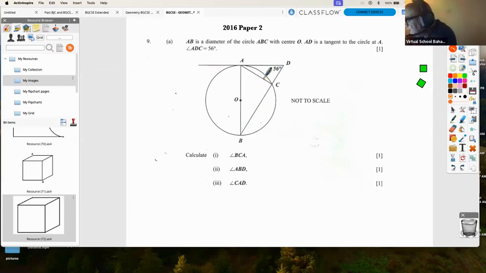So they want this angle. That's one angle that they want. They want angle ABD. They want this angle here. And they want angle CAD. They want that angle up there.